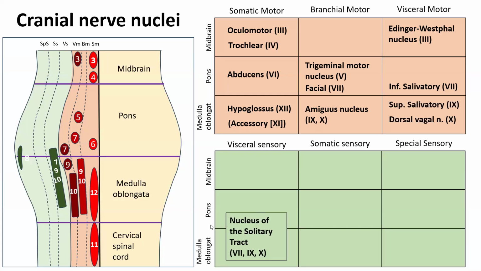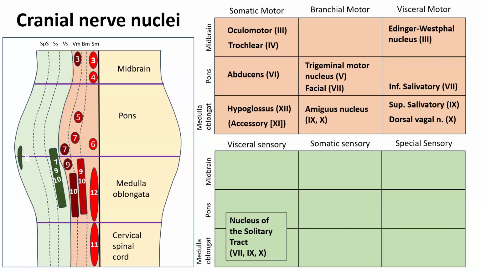So a very important one is the nucleus of the solitary tract, and it contributes to the facial nerve, glossopharyngeal nerve, and vagus nerve. It has various functions, but it's basically the sensory autonomic command center in the brainstem, to put it quite easily. So what kind of information does it receive?